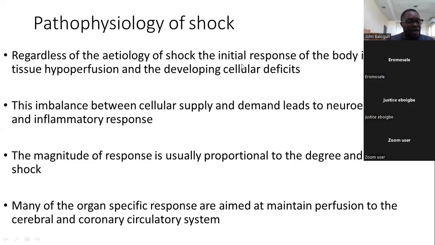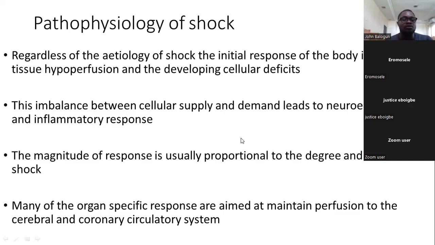So if someone has average blood flow, the effect of the body trying to find alternative means of generating energy will be less than in someone with lesser blood flow. I don't know if I'm communicating.